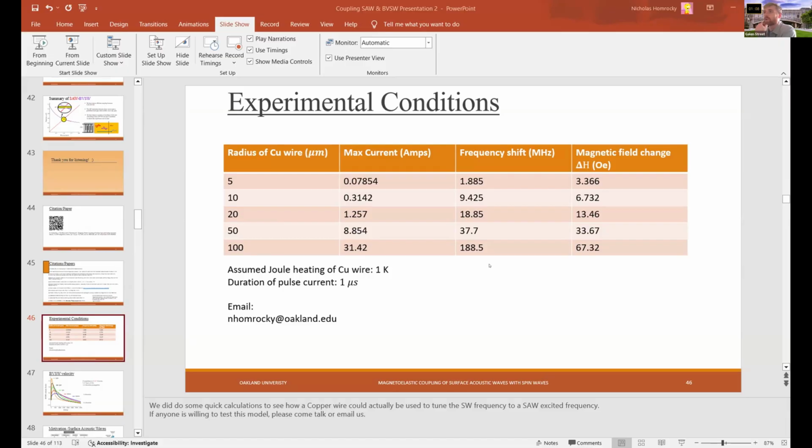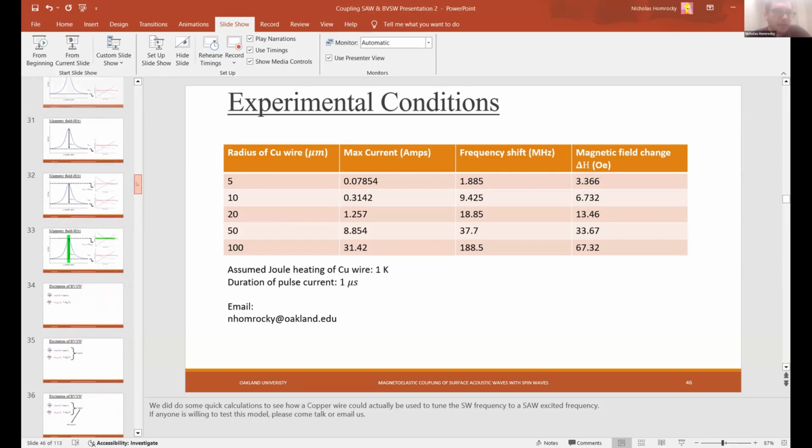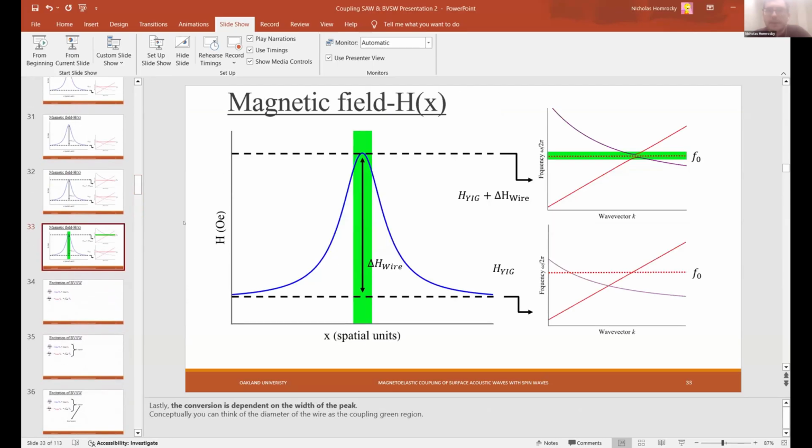Maybe I can ask one more quick one. Can you talk just quickly a little bit more about this prohibited band gap and what sort of advantages it might lead to for applications and devices? Sure. On this slide at least, obviously it could act as a filter or signal conversion. If the wire is off, the waves will not convert or interact.